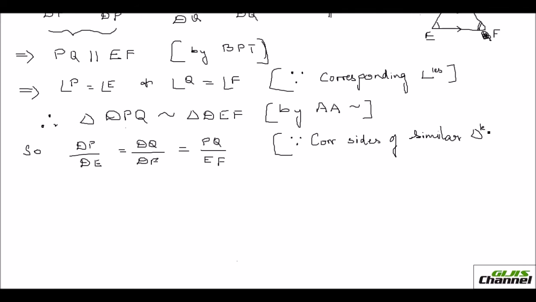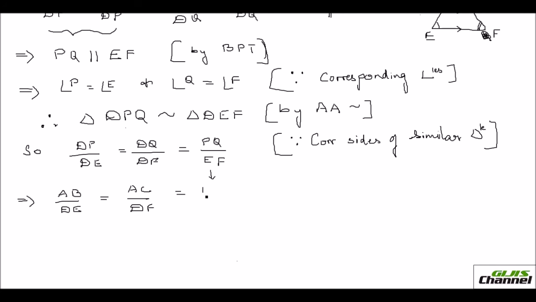Since they are corresponding sides of similar triangles, I can say that the sides are proportional. Now I replace DP and DQ with the original values, because we know DP is equal to AB, right? So I replace it with AB over DE is equal to, and DQ was AC, so AC over DF, and here this one I write as it is.